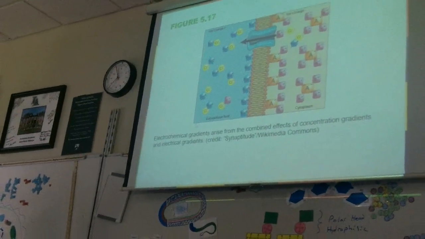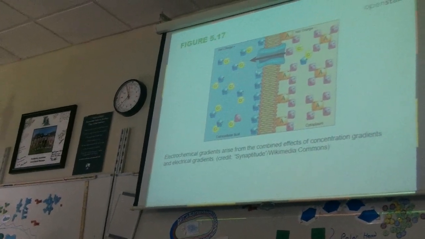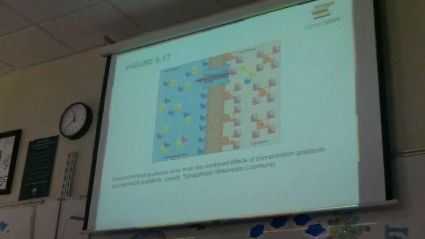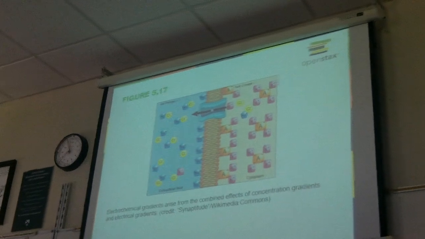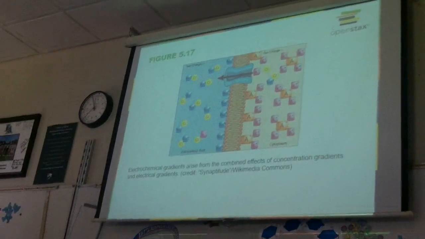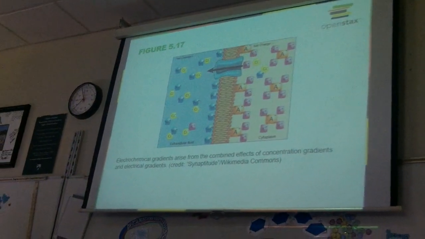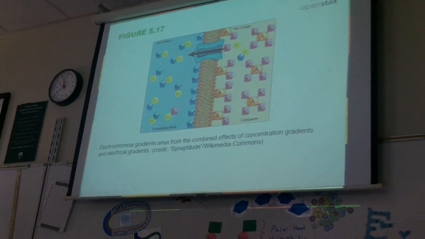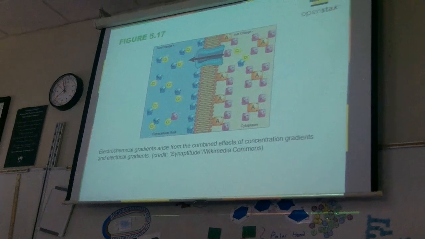Now, a transport protein is a protein in a membrane like this one. This one that you see here is just a channel protein, where stuff can go through. You can see there's a high amount of potassium on the right side of the picture. Potassium is the purple square.